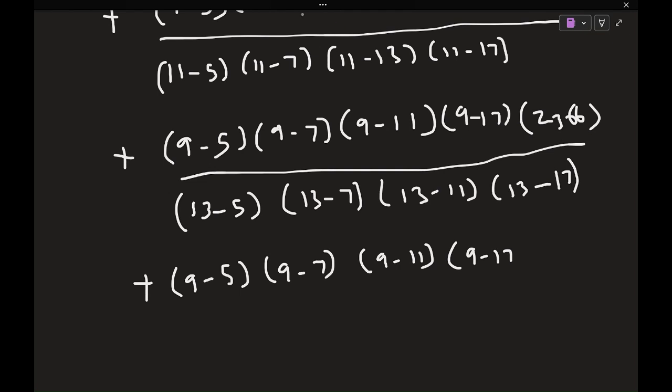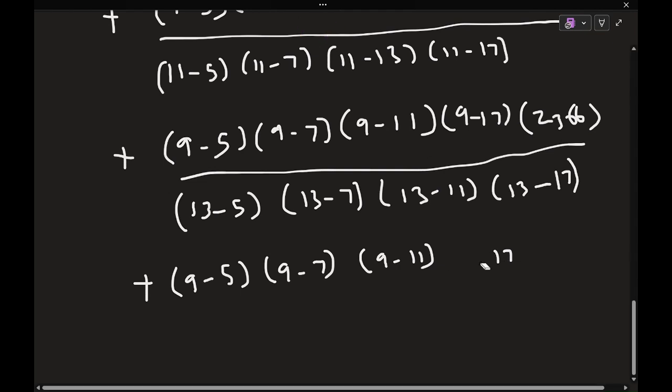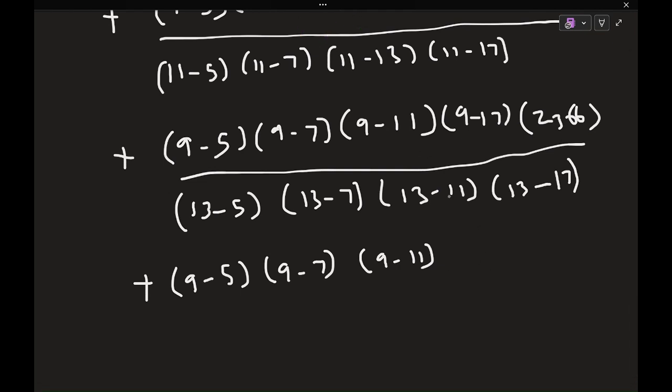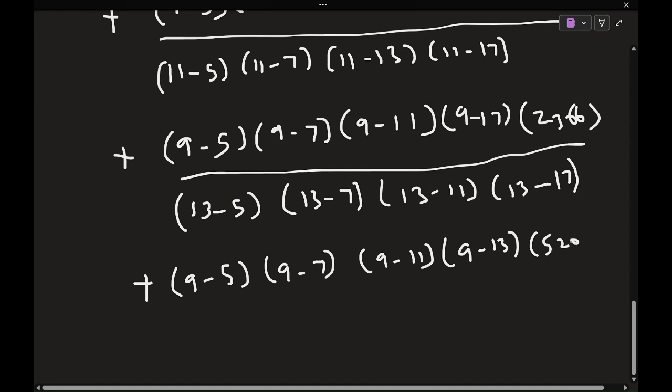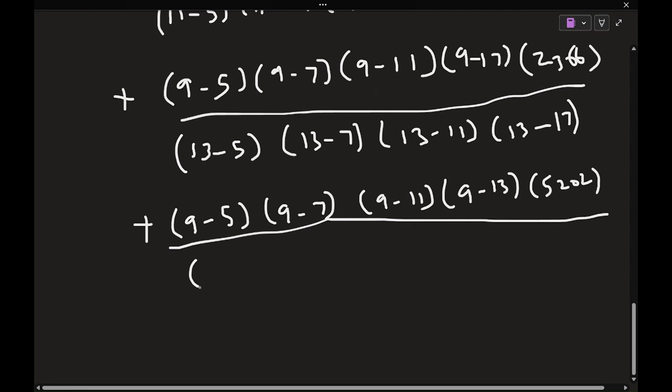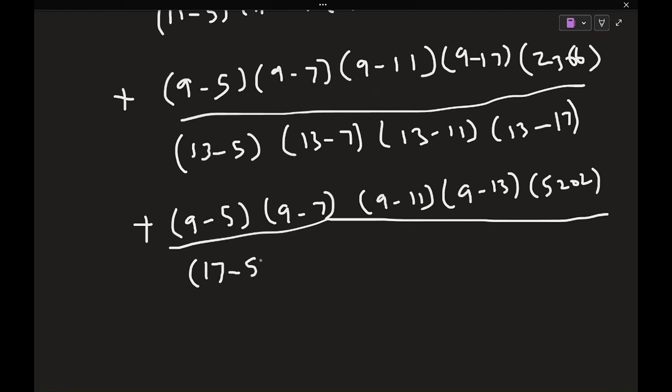Oh wait, I'm neglecting this, my bad. 9 minus 11, 9 minus 13, that's where you stop, into, now I'm neglecting x4, so into y4, which is 5202, whole divided by, I'm neglecting x4, so 17 minus 5, 17 minus 7, 17 minus 11 and 17 minus 13.